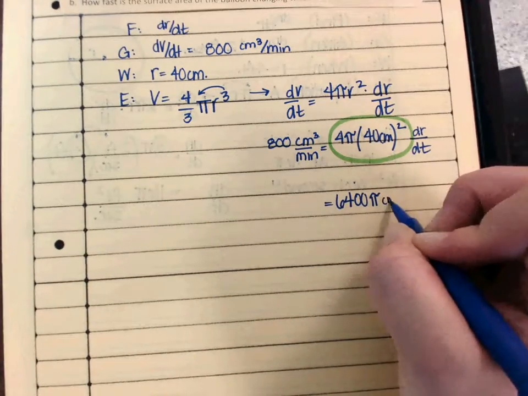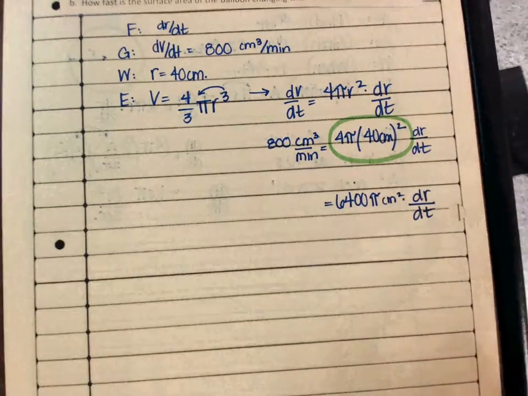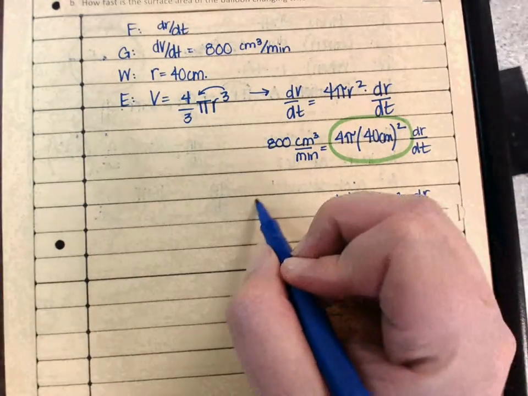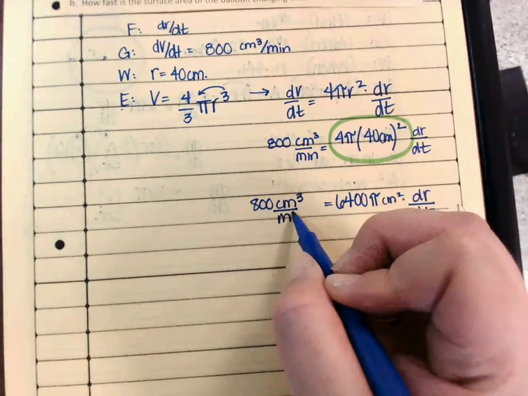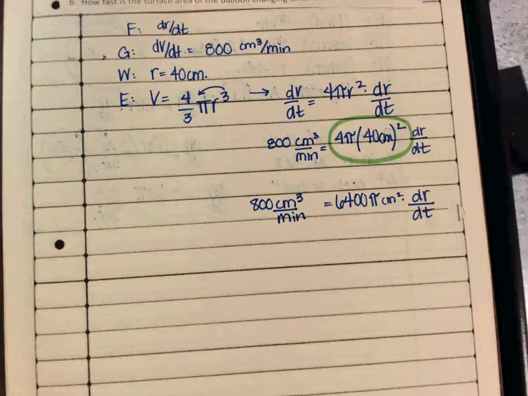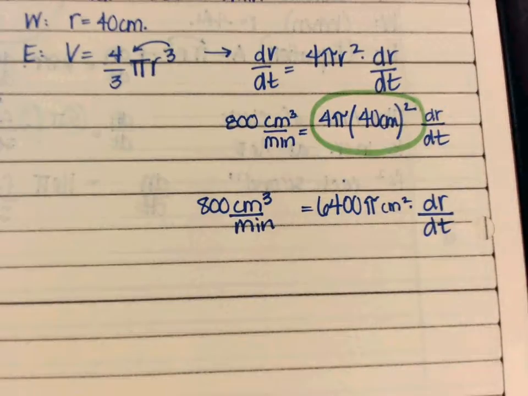So centimeters squared times dr dt. Then on the other side we have 800 centimeters cubed per minute. So I multiplied my green circle together. Okay, I got 6400 pi centimeters squared dr dt.